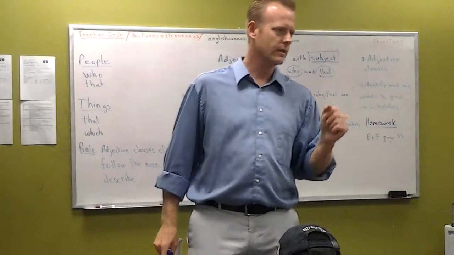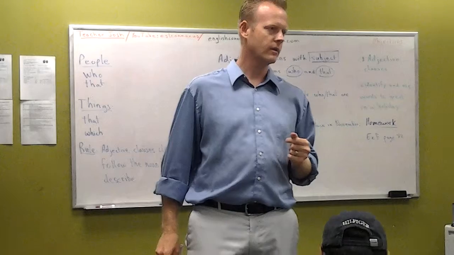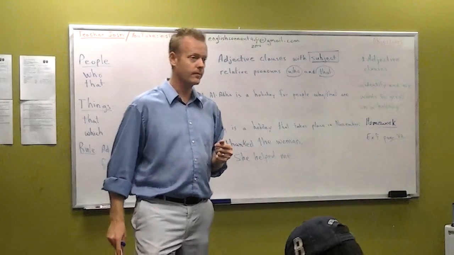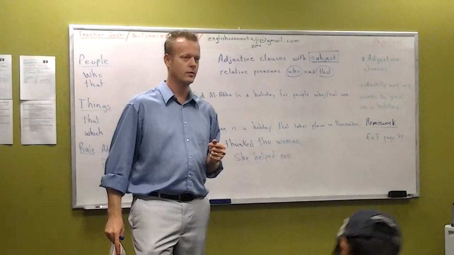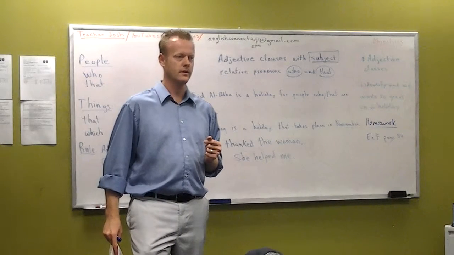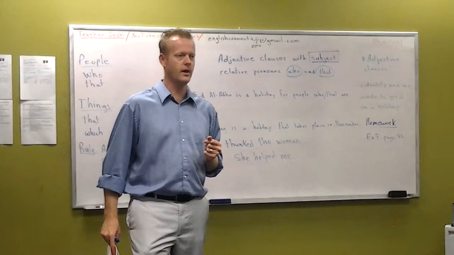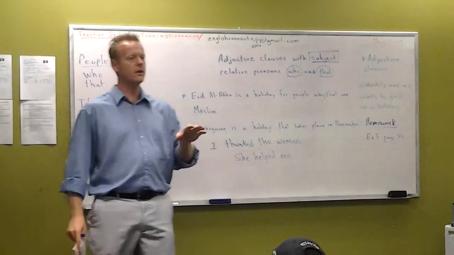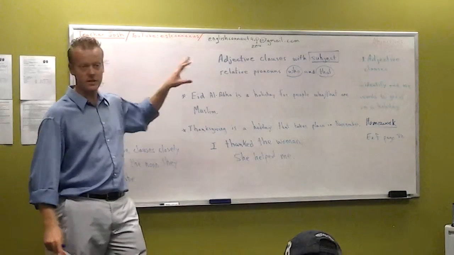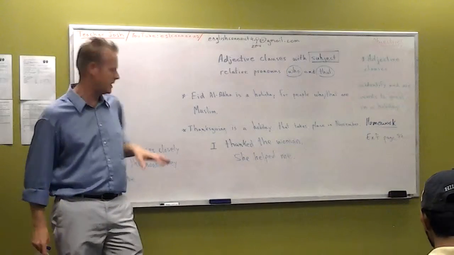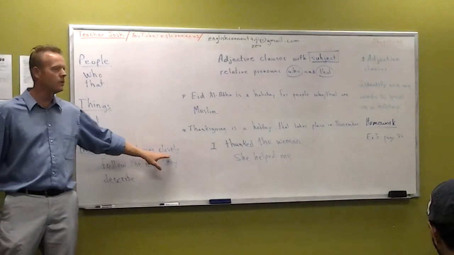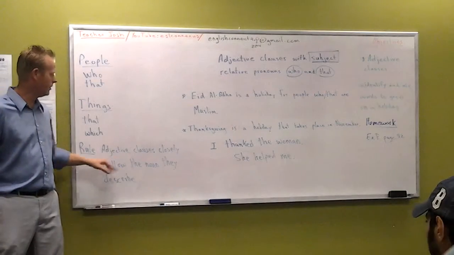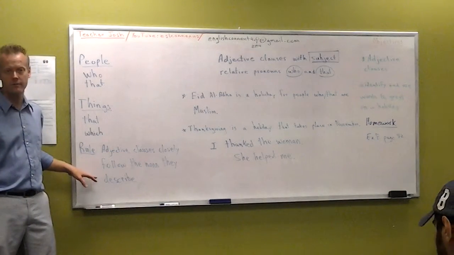I think the adjective clause comes after the noun and it describes, or adds more information. Yeah, good. He's right, adjective clauses, and here's the rule: adjective clauses closely follow the noun they describe.